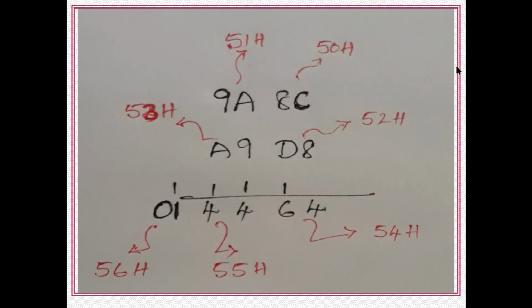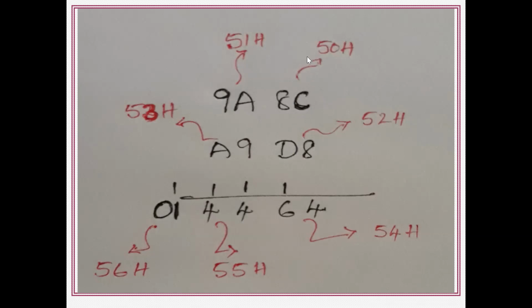So for this program, a few assumptions here. The first one, assume that 8C, the first input's lower 8 bits, is loaded into 50H memory location. And the second 8 bits, called the higher order of the first input, is loaded into 51H memory location.